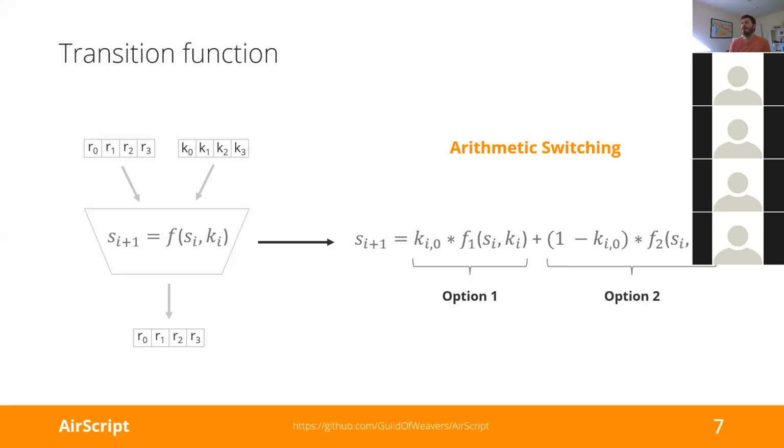Basically, you can have 2 different functions, and a static register that takes some value at one point and another value at another point, which could be 1s or 0s. Then you can turn on and off different functions. So in this case, when the K0 static register is 1, the F1 function gets executed, and when it is 0, the F2 function gets executed. And this is pretty powerful.